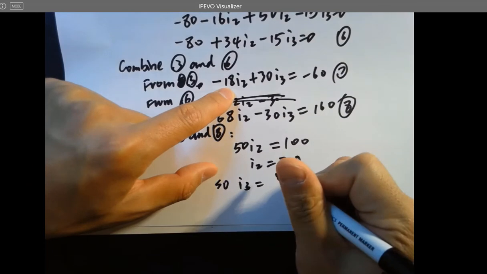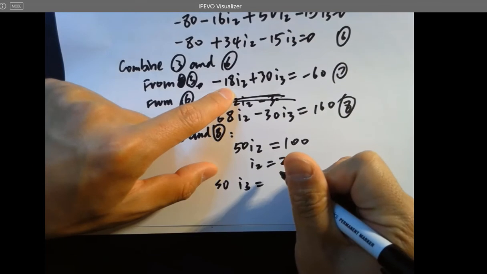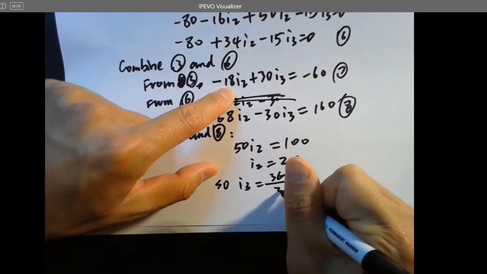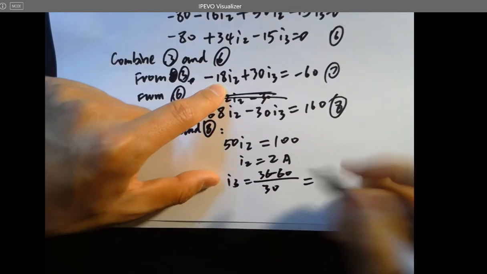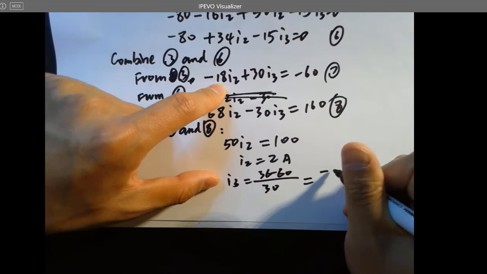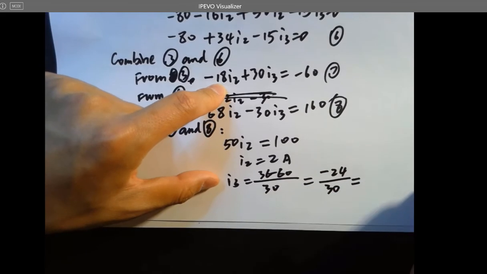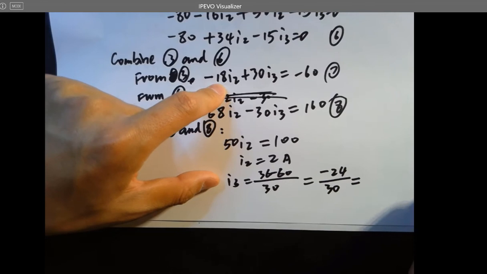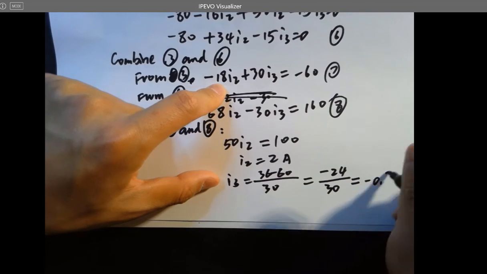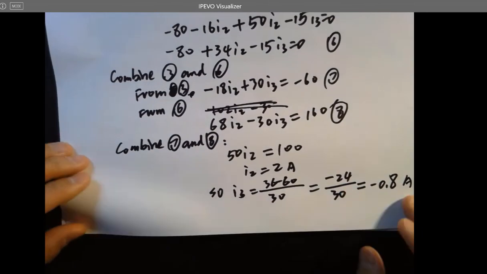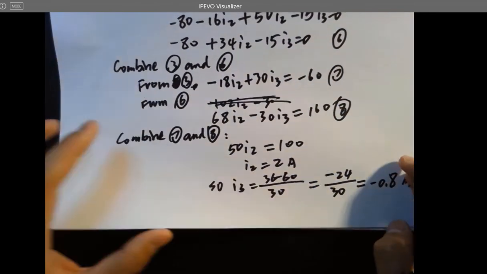So you're getting 36 minus 60 over 30. So this is minus 24 over 30, and this is minus 0.8. Pretty accurate. So now you have I3 and I2.